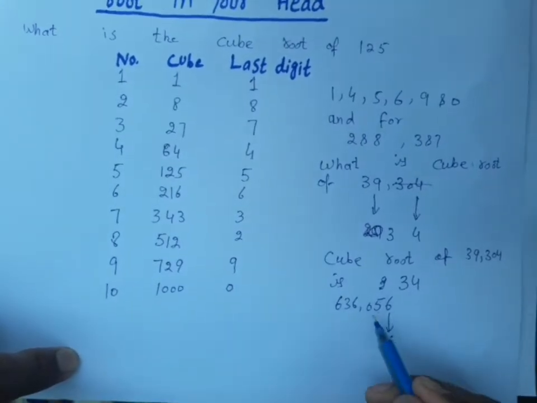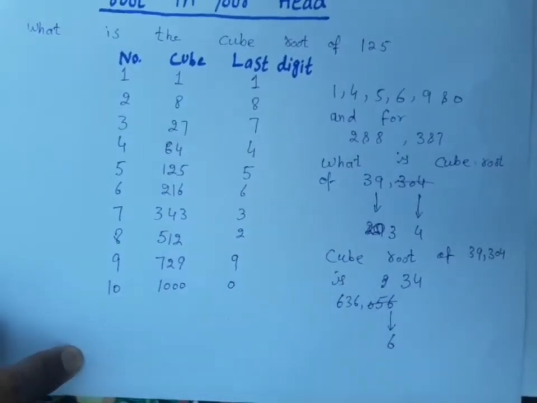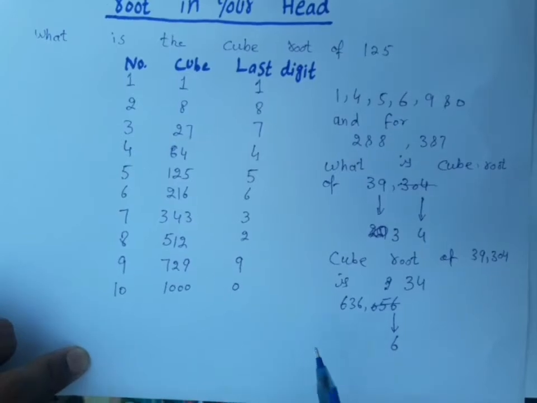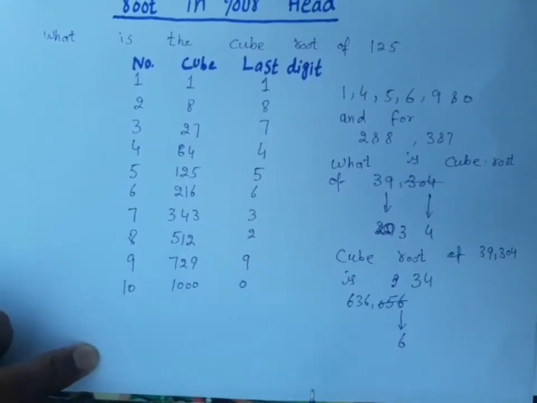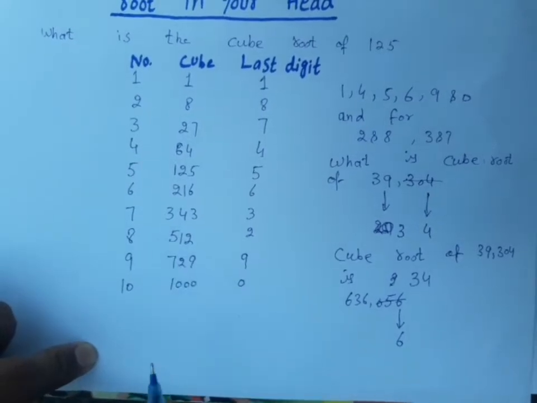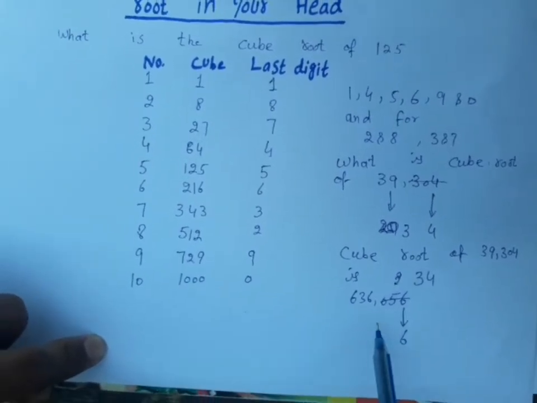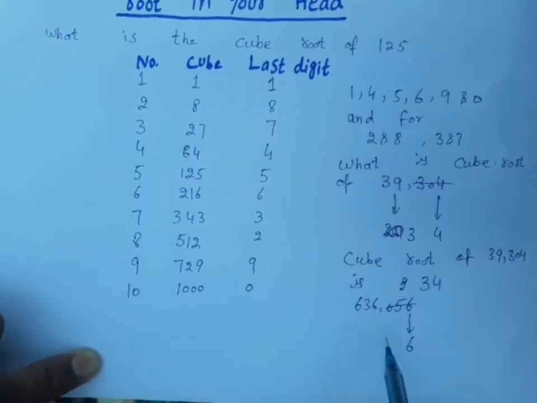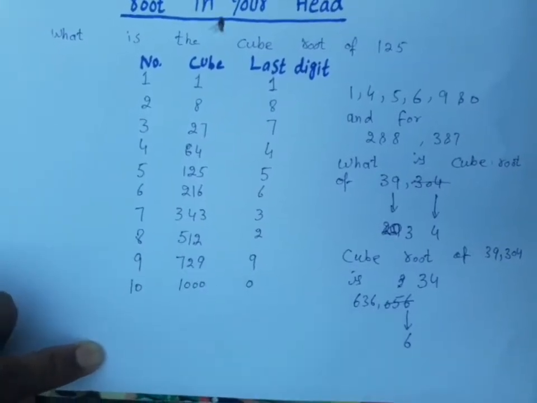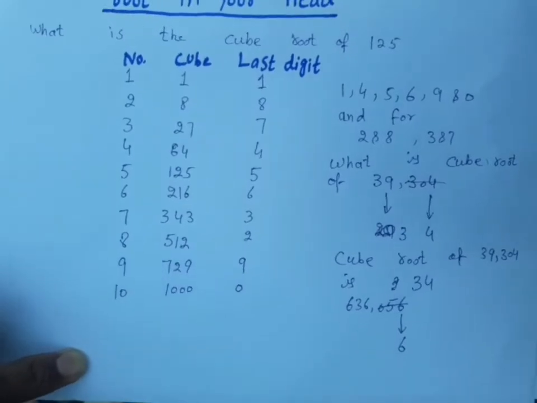And the next step is to ignore the last 3 digits. Now we have 636. Now we note that 636 is between 512 and 729. So we already said that without going over we write 512, and 512 is the cube of 8.